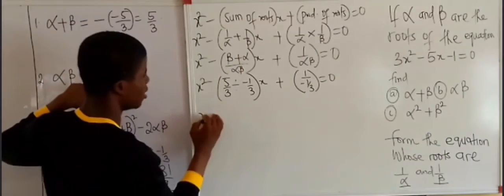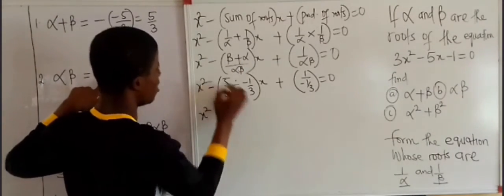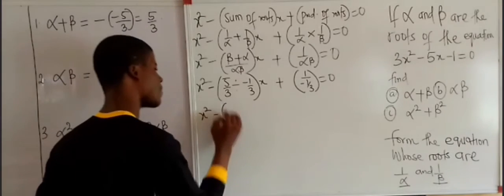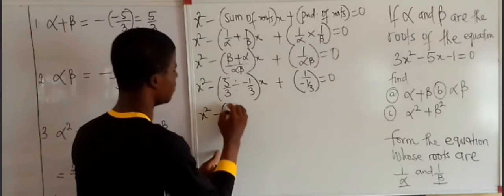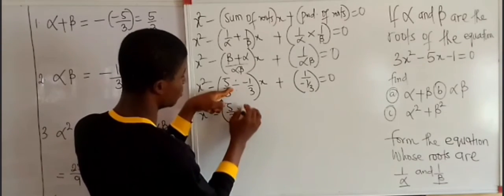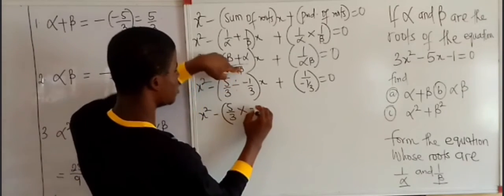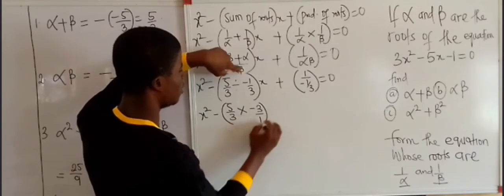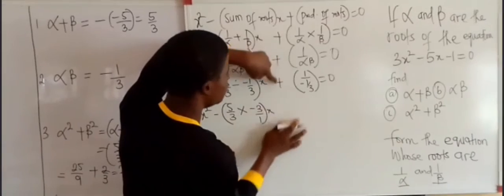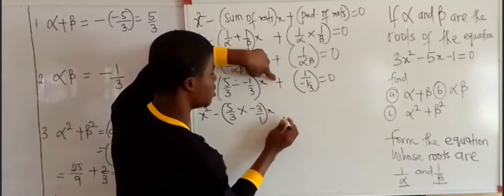So this is x squared minus 5 over 3 divided by minus 1 over 3. This division sign will become multiplication. This 3 will go up, this is minus 3, and the 1 will come down, times x plus, okay, this negative sign here will affect this positive to give me negative.